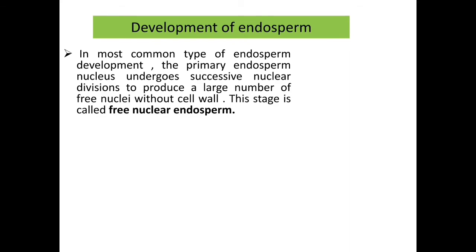Okay. So in the most common type of endosperm development, the primary endosperm nucleus undergoes successive nuclear divisions to form a large number of free nuclei without cell wall. This stage is called free nuclear endosperm.